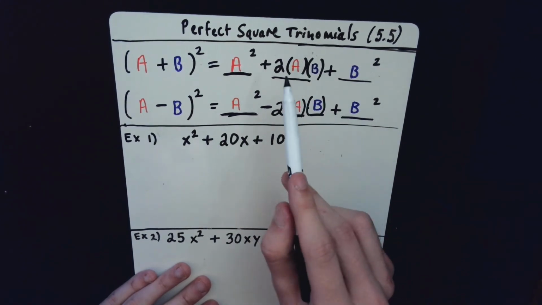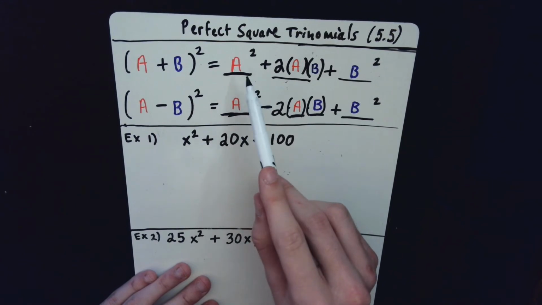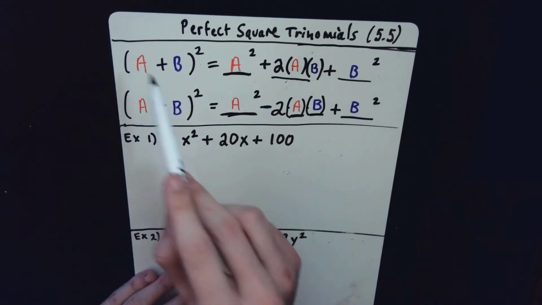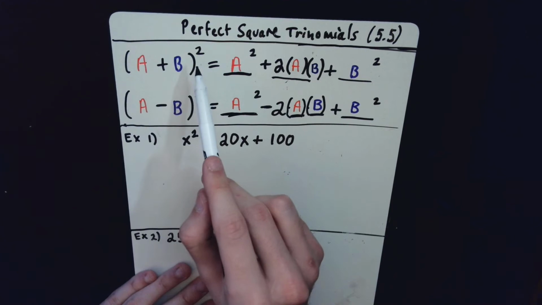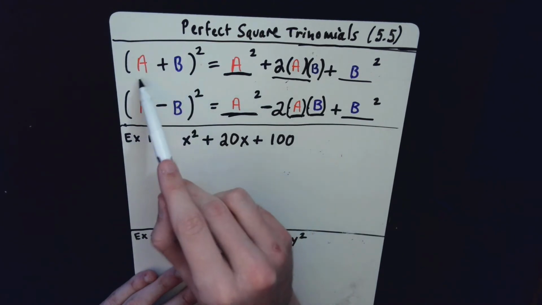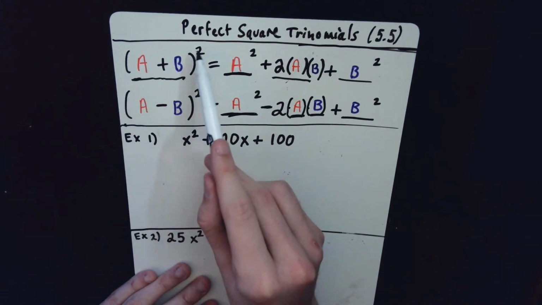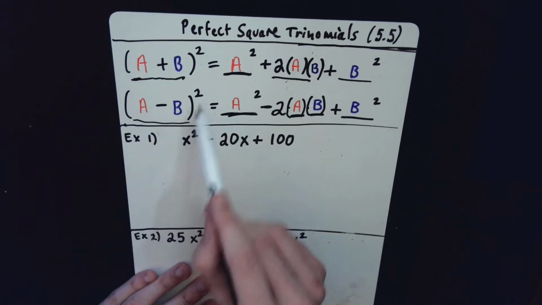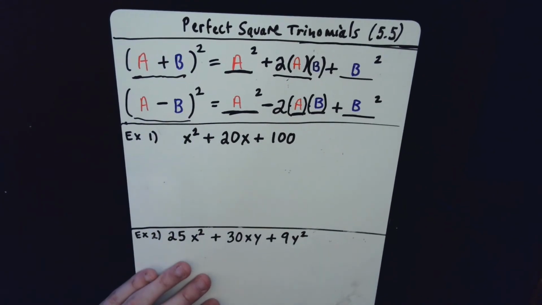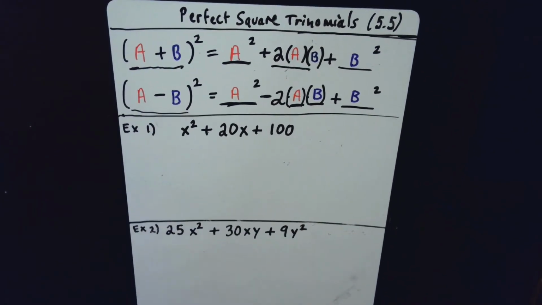And our goal is to take something that looks like this and write it as a perfect square. We're writing it as something all squared. In either case, that's what we're doing. So now let's just jump right into some examples.